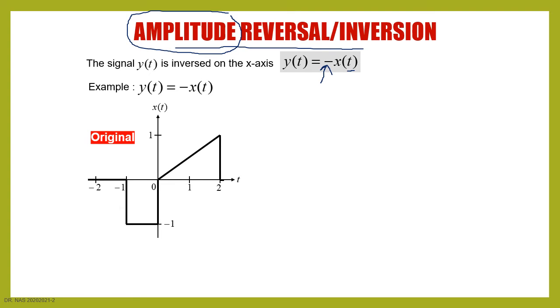So you can copy the same t. 2 remains 2, 1 is 1, 0, 1, and minus 2. But now the positive amplitude becomes negative, so the signal will be down there.